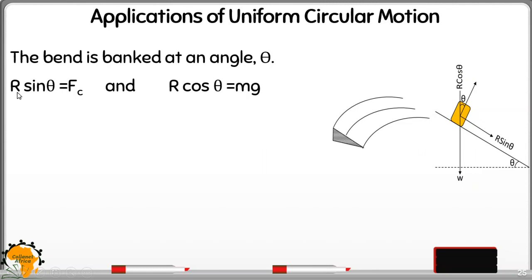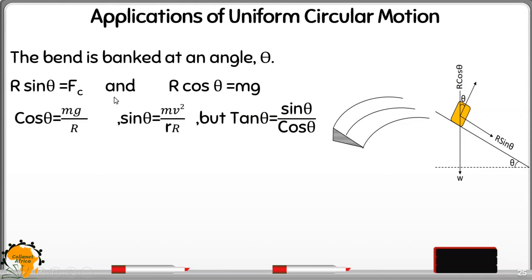Therefore, R sine theta will give us the centripetal force, while R cos theta and the weight are in the same line, so they are action and reaction. Therefore, they are equal in magnitude but different in direction. So the magnitude of R cos theta is equal to mg.